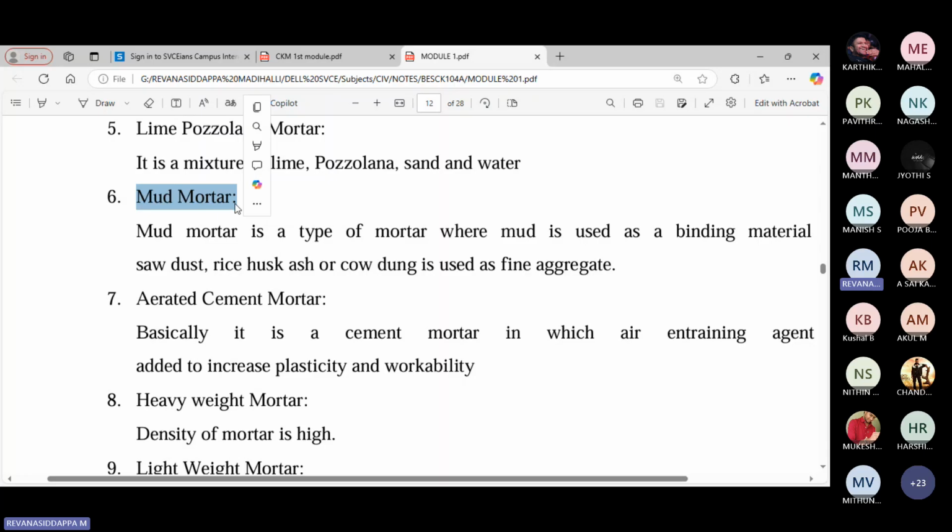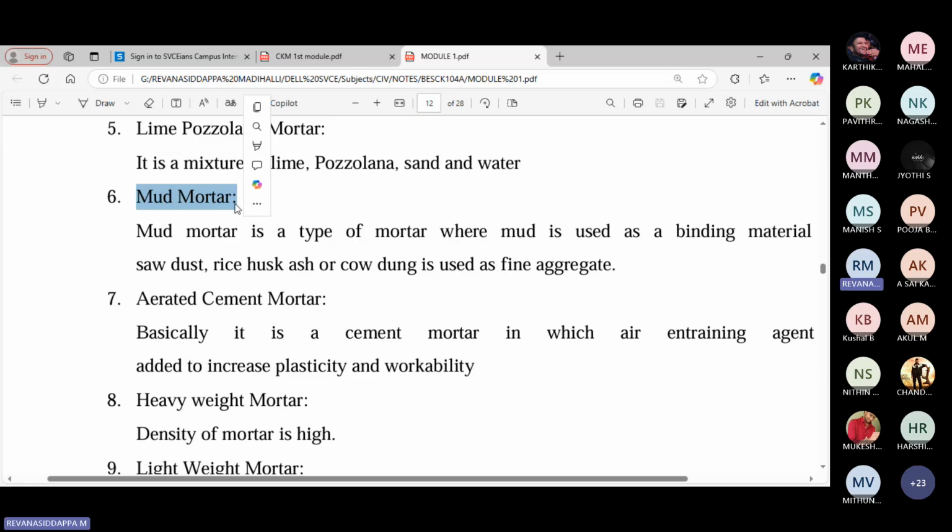All the constructions were done using stone blocks only, and for those walls people used mud mortar, which is a mixture of mud, water, and some additive like rice husk, cow dung, or sawdust.